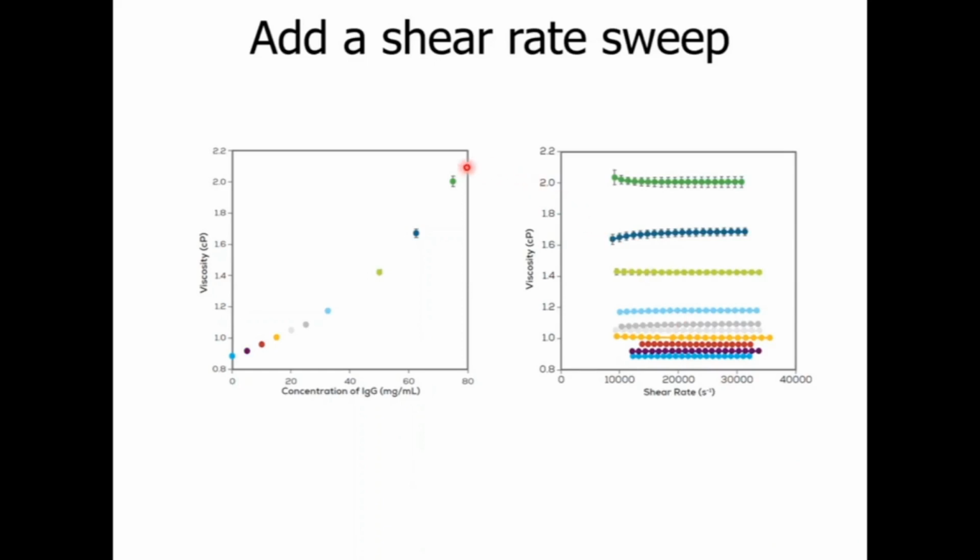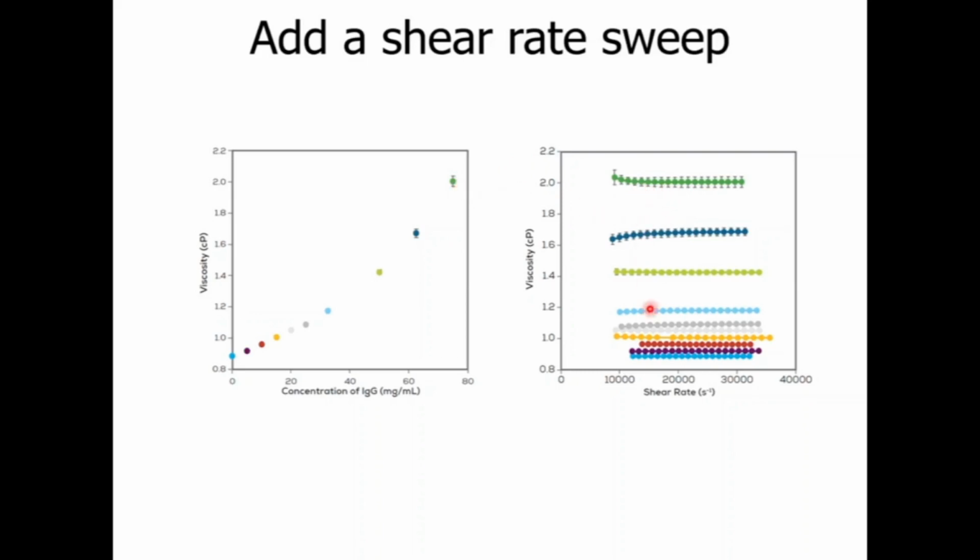This statistical analysis, so the standard deviations, come from the ability to run multiple shear rates in a single run. So every data point we look at in the viscosity versus concentration plot here comes from a sweep over multiple shear rates. These are averaged, leading to the results shown here.